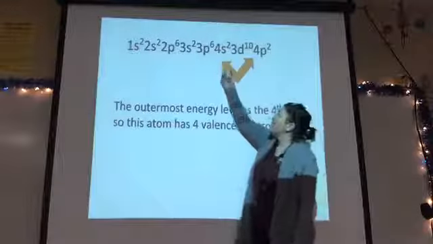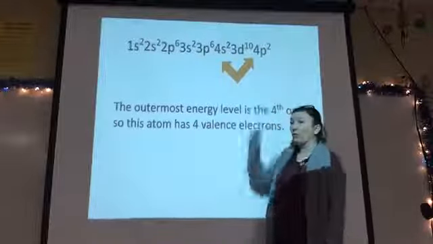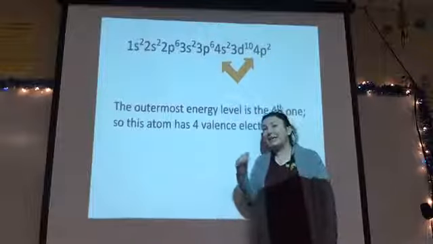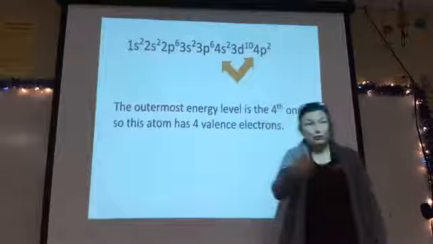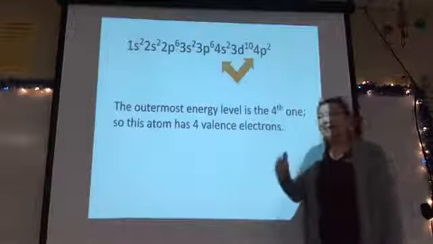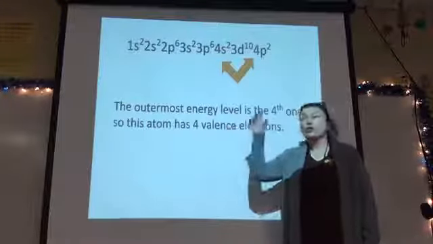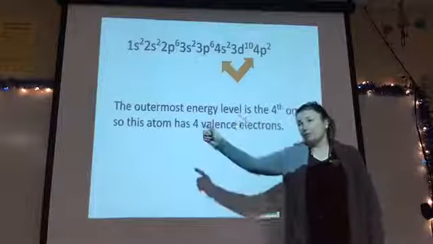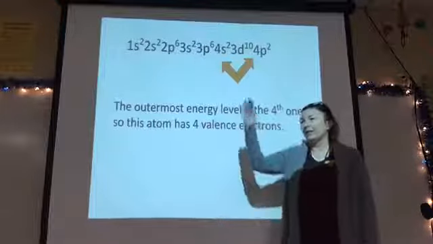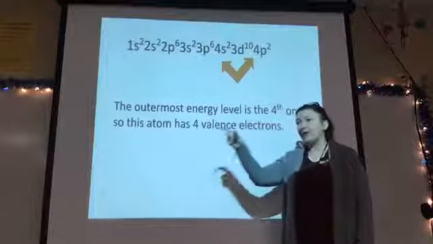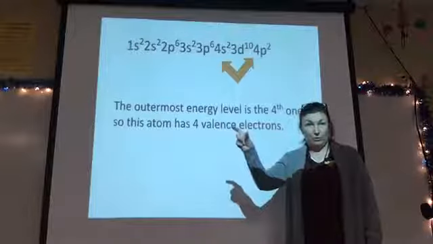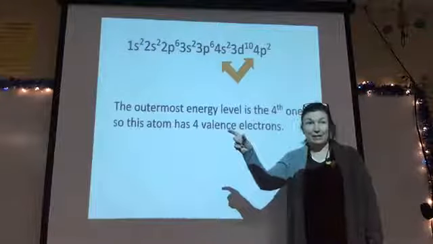So I only consider the 4s2 and the 4p2. The 3d, even though it has a higher energy, is not in the higher energy level. We're not looking at the highest amount of energy, just the outermost energy level. Does that make sense?